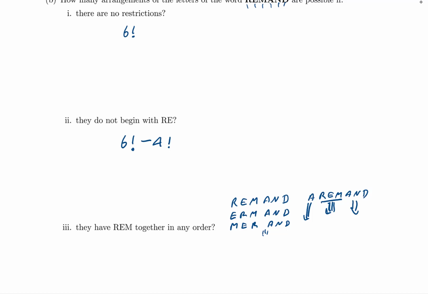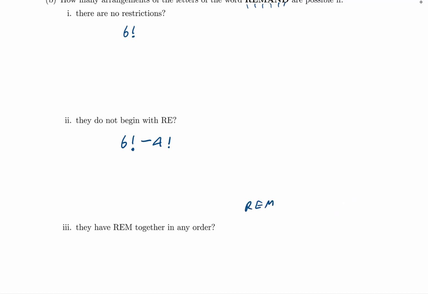So tell me, if we keep REM together, what are the rest of the letters? A and D. Now we consider REM as one letter. How many letters do we have? 1, 2, 3, 4 letters. Therefore, how many arrangements can we do here? 4 factorial.